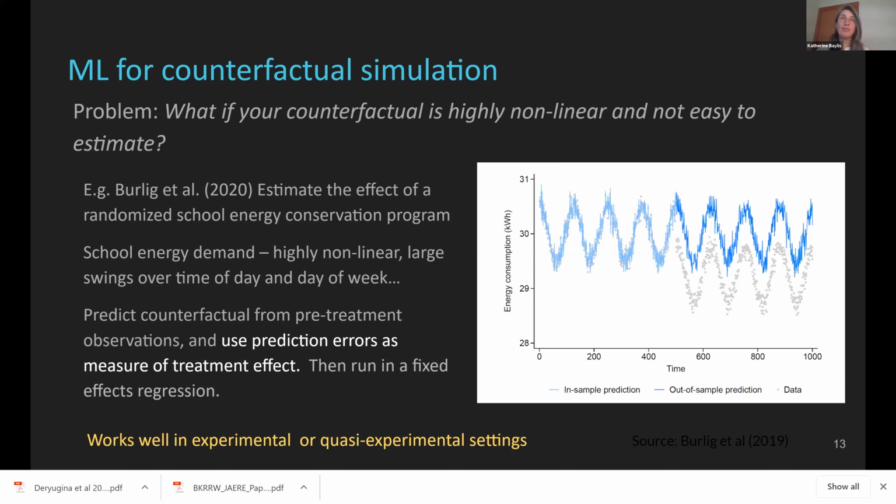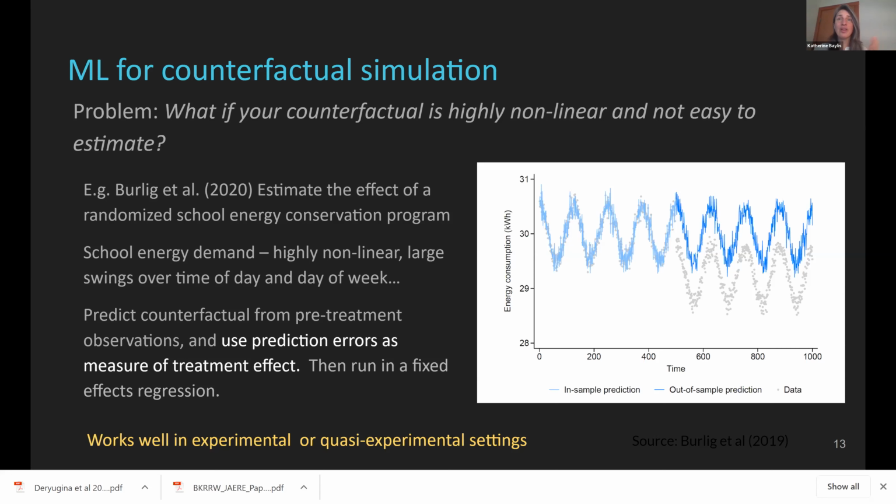Then they compare that against what they're actually observing in the data. They take that difference, that gap, and that's essentially their estimated treatment effect. They then put that into a fixed effects regression to control for a bunch of stuff, like school fixed effects.